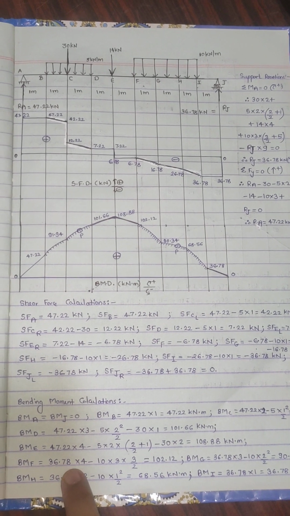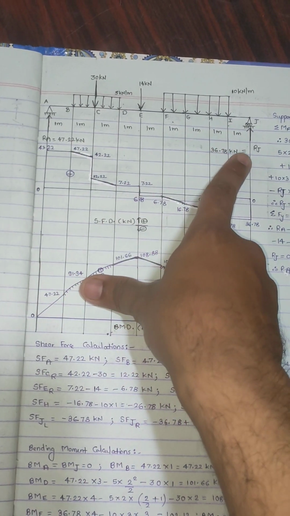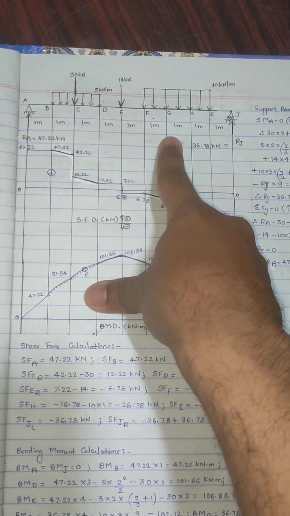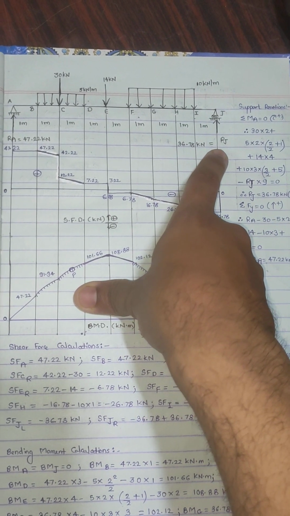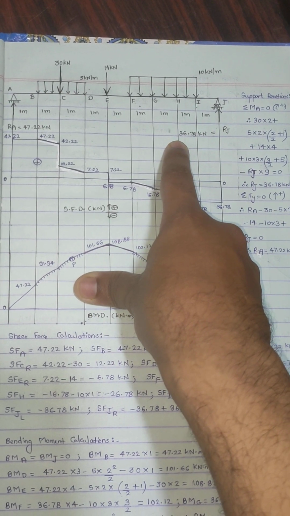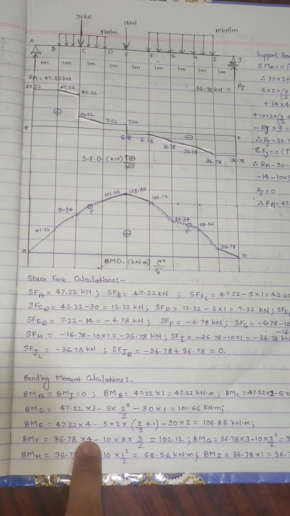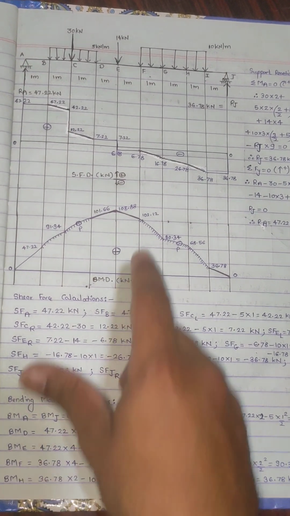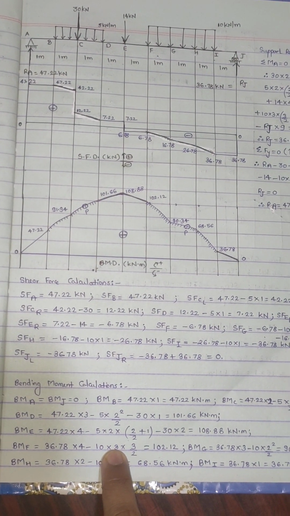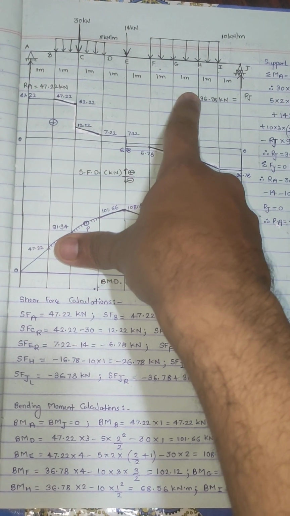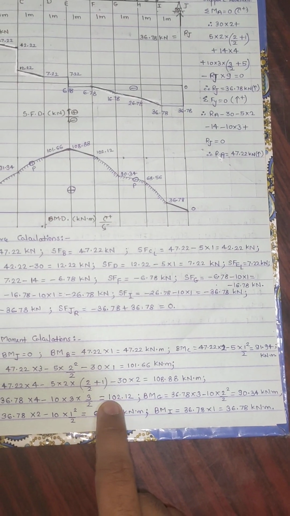Then to find out at point F, instead of going from here, we would find that from the other side we get fewer forces, so I'll go from this side. So from RJ I have 36.78, and up to point F I have 4 meter distance, so 36.78 into 4 minus this UDL multiplied with 3 meter distance, so 10 into 3 into distance divided by 2, that is 3 by 2, I would get it as 102.12.